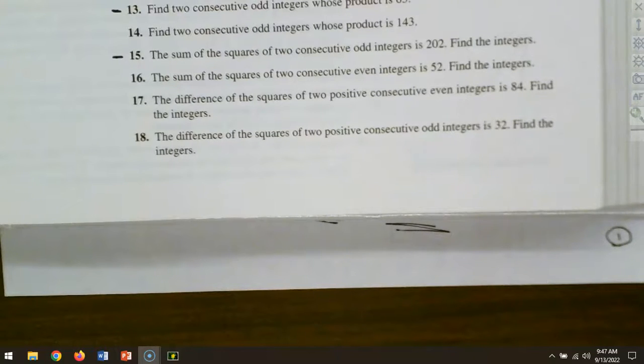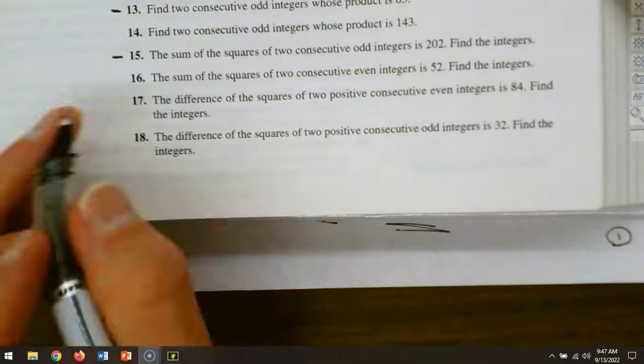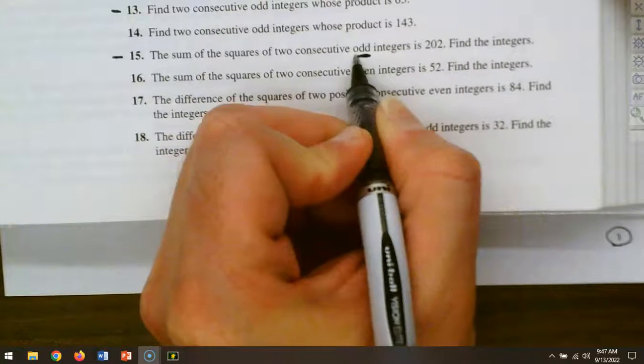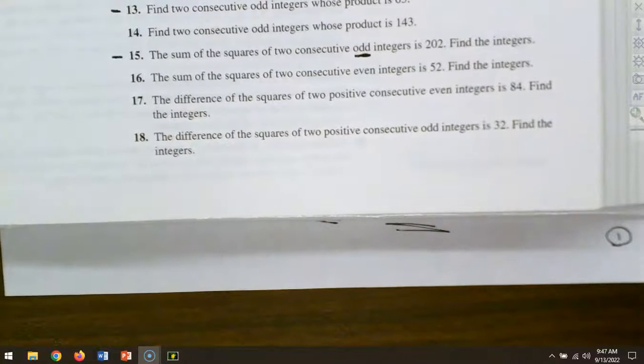Find the integers. When we work these out, we're going to be adding them together and squaring them. The first thing we need to make sure we understand is that these are odd. And if they're even or odd, what is my gap? 2. If it's just plain consecutive integers, it has a gap of 1. These are going to have a gap of 2.